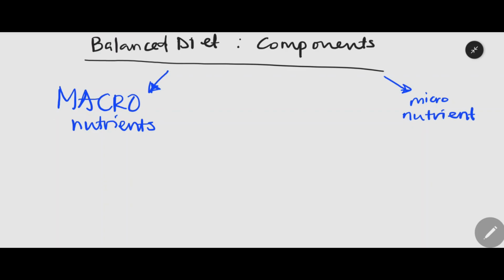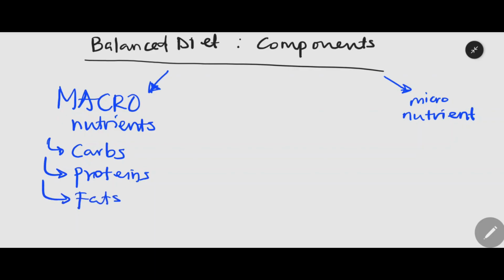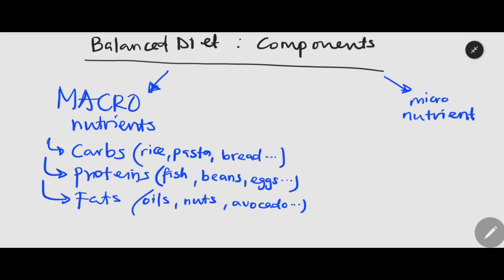So macro written in big letters because these are the nutrients that you need in big amounts. So these are your carbs, your protein, and your fats. And micronutrients over here, these are the nutrients that you don't need in high amounts. You need only small quantities of micronutrients. So these are vitamins and minerals.